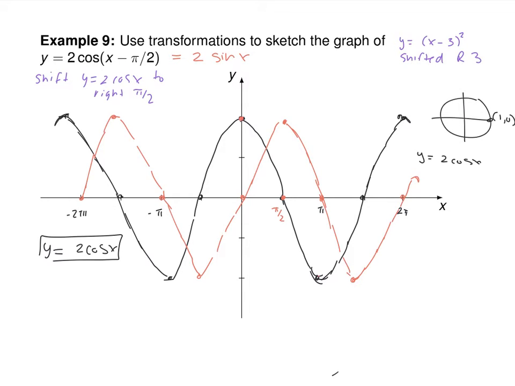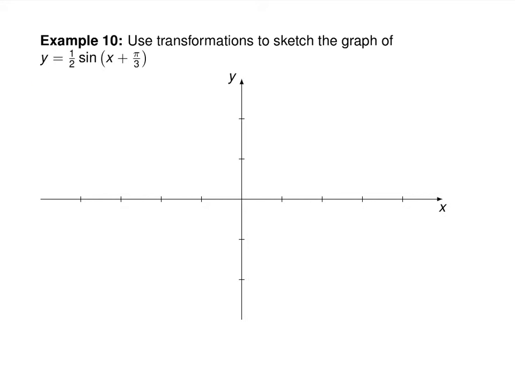And when they give you weird pies, you're just going to have to guesstimate as best you can, like on this next one. I took this question from an ALEKS thing that I was looking up. Okay, so 1/2 sine of x plus pi thirds. So first, let's start by graphing 1/2 sine of x. So where does sine start? 0.